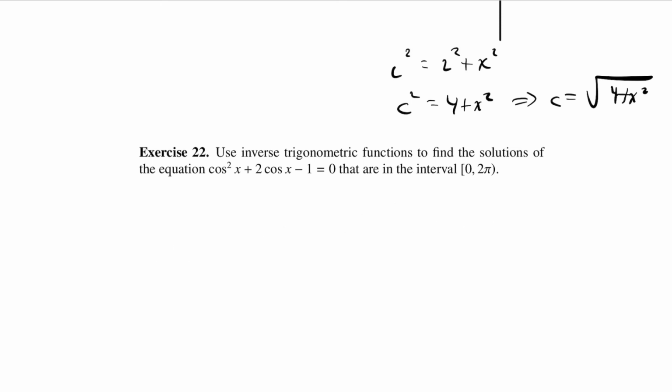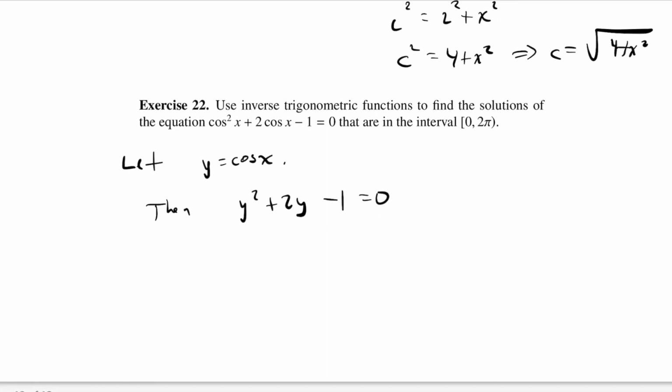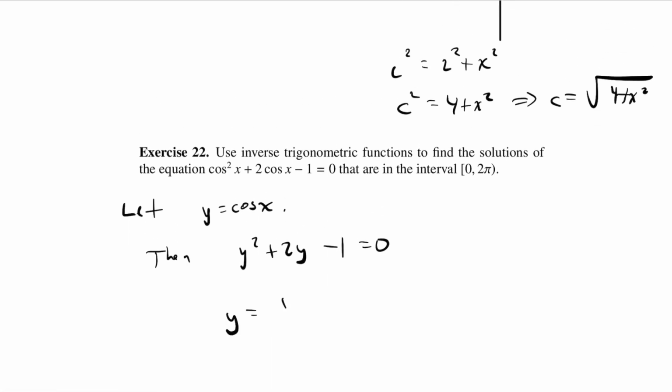So let's call this y is equal to cosine of x. I'm just going to do a substitution. So we let y equal cosine of x. Then we have y squared plus 2y minus 1 equals 0. Quadratic formula is going to be y equals negative b plus or minus the square root of b squared minus 4ac all over 2a.